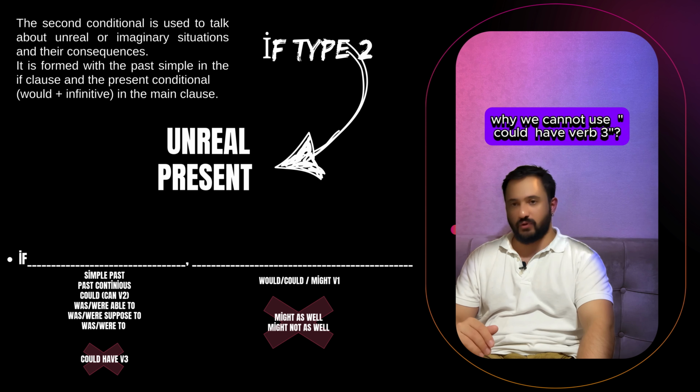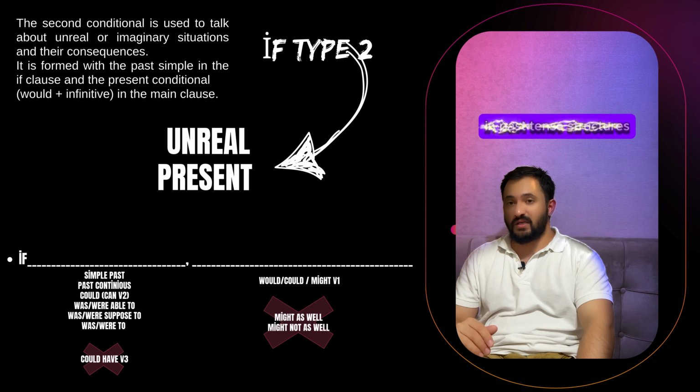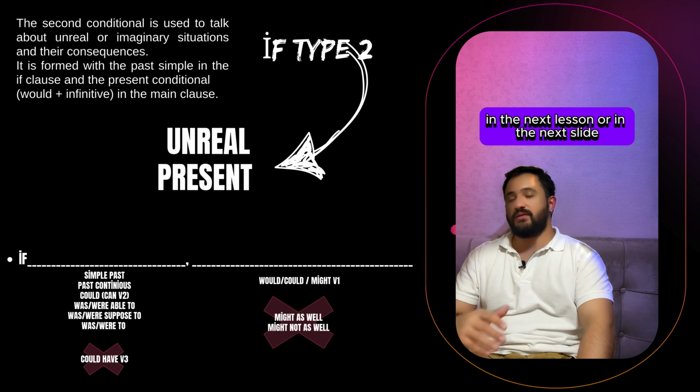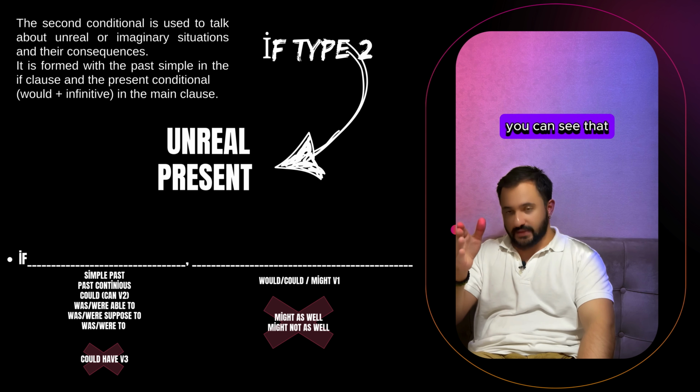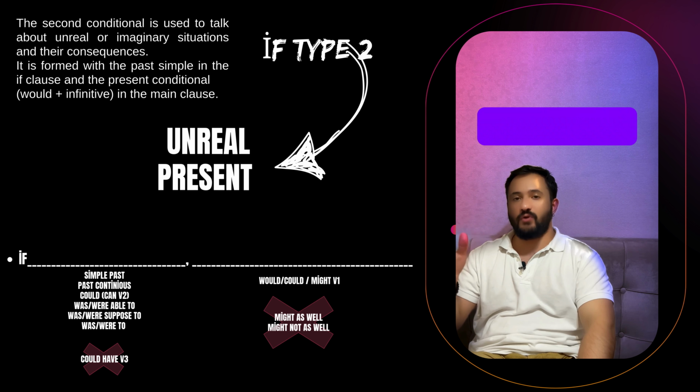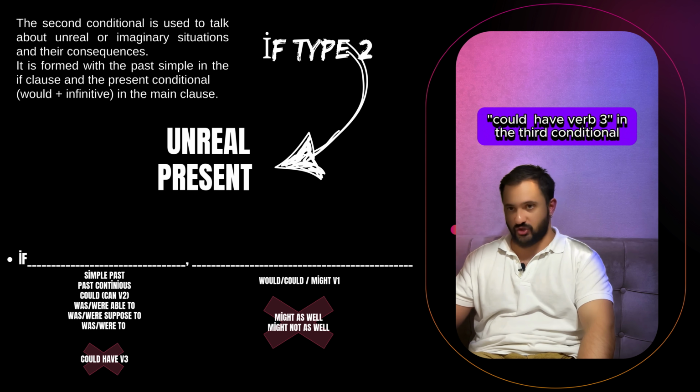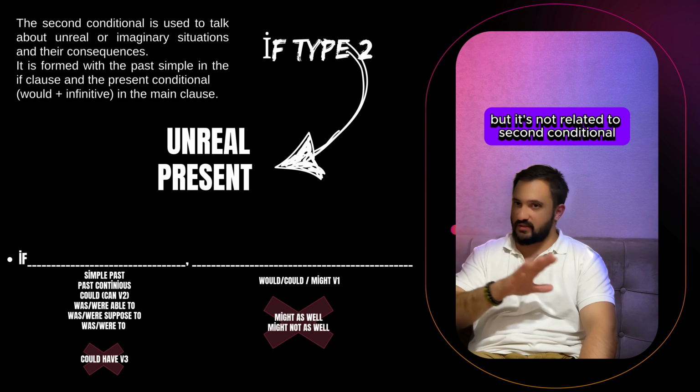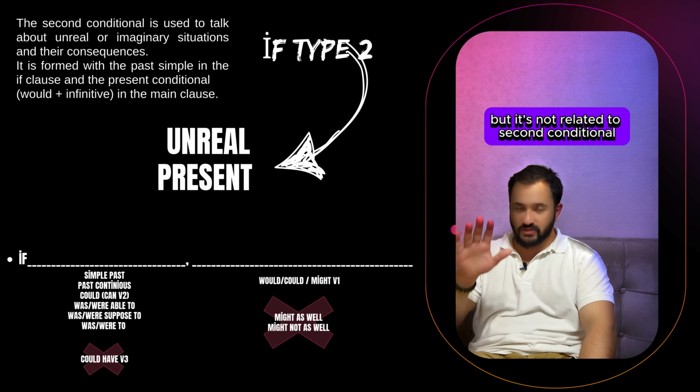Because it is a perfect modal and we cannot use perfect modals in past tense structures. In the next slide, you can see we use could have verb 3 in the third conditional's main clause, but it's not related to the second conditional.